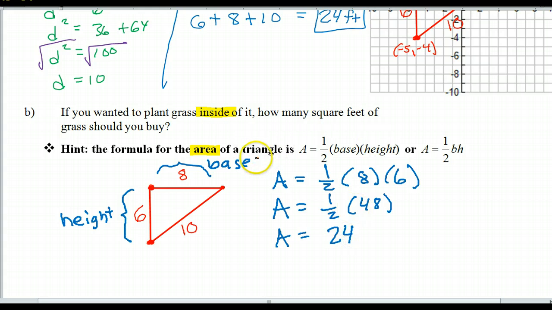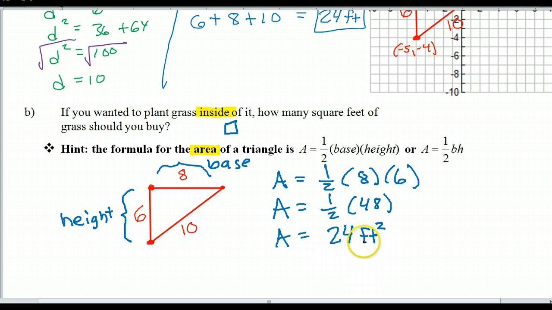Now let's talk about units. When we're doing length, the units are just feet. But when we're doing area, the units are little squares. Okay? They're little 1 foot by 1 foot squares would be our units. So we write 24 square feet.